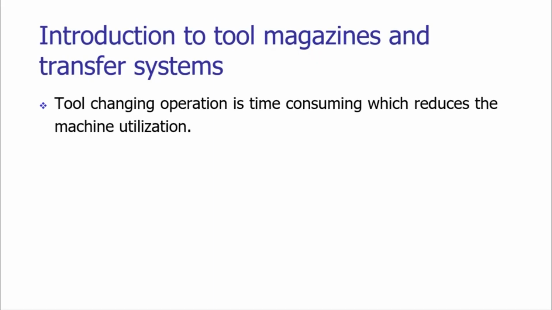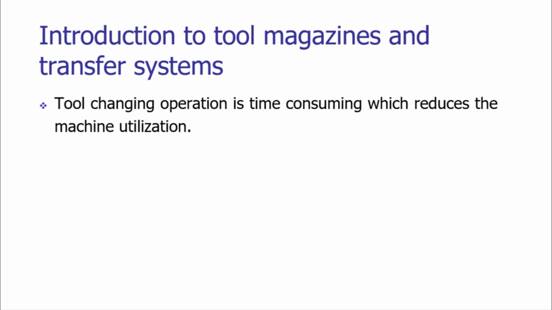We have seen the product life cycle in our previous lectures. The product life cycle has design related operations and it also has manufacturing related operations. In manufacturing, basically we are transforming the raw material into a finished product by using various machine tool arrangements.